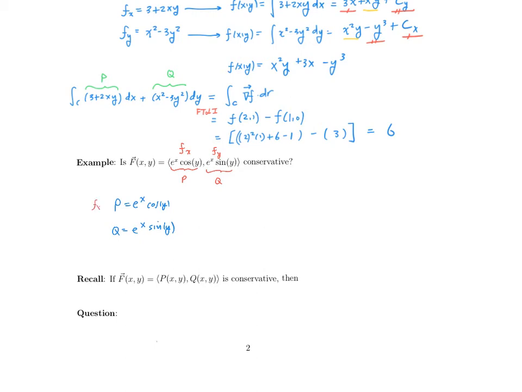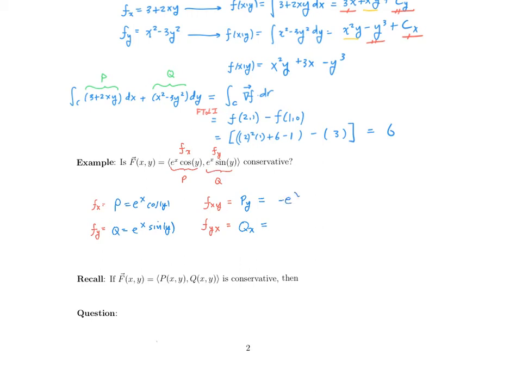And if f sub x is equal to p and f sub y is equal to q, then note f sub xy and f sub yx, the two mixed partials, should be equal to each other. And note f sub xy would be p sub y, and f sub yx would be q sub x. And if those quantities are equal, that gives us a good idea, or at least a reasonable bit of intuition, that the vector field would be conservative.